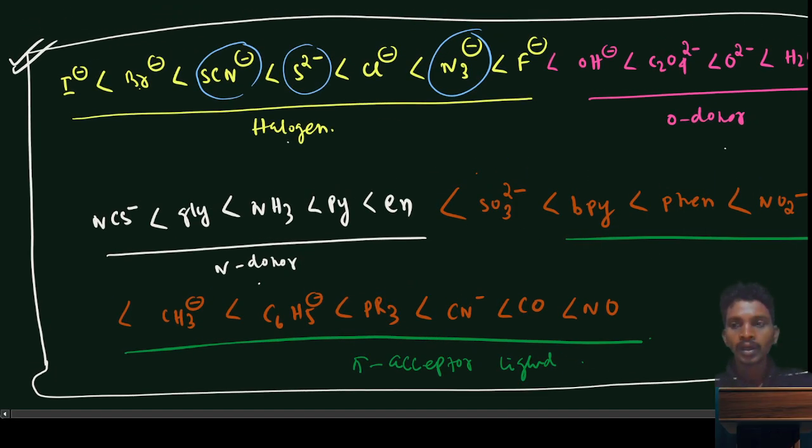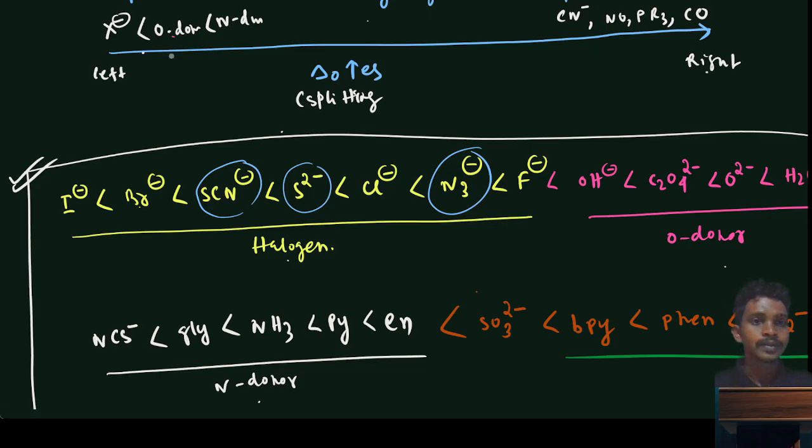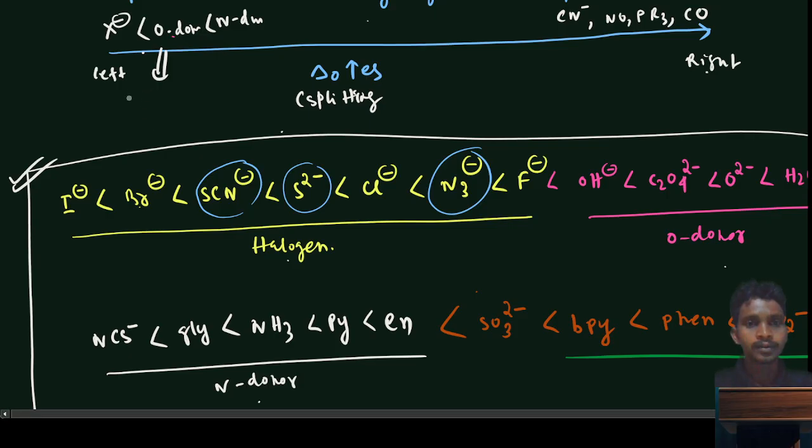The splitting increases in this direction. So here the splitting, delta naught, is less, and that is explained by MOT and LFT, which we already discussed. Here delta naught is high.